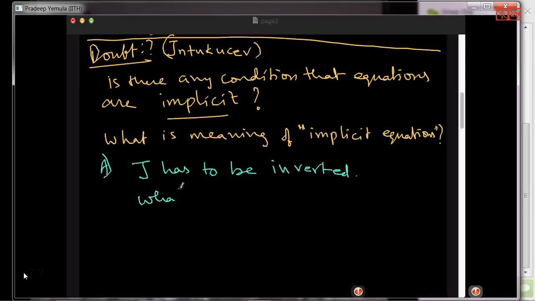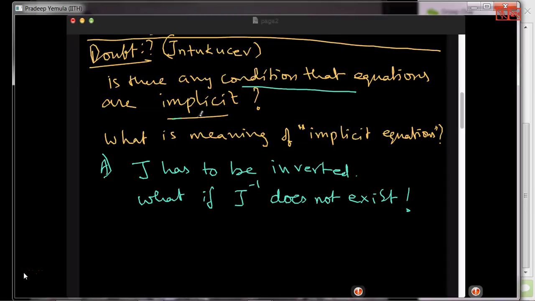What if J inverse does not exist? So in mathematics, every matrix may not have an inverse. There are some matrices where the inverse does not exist. So what happens if J is that way? So that is the doubt. That's what I understand by the condition that equations are implicit.